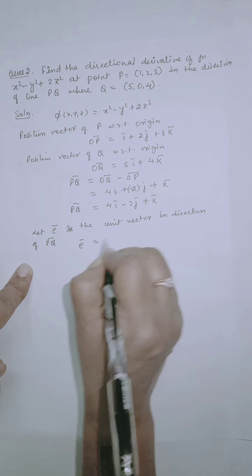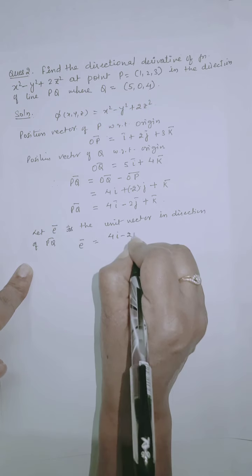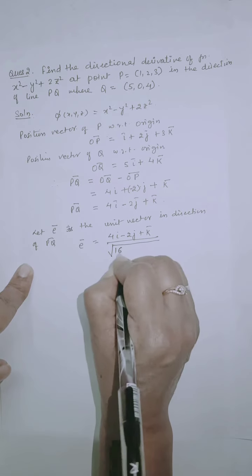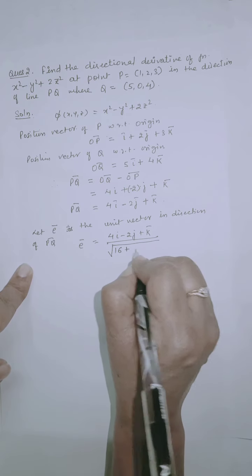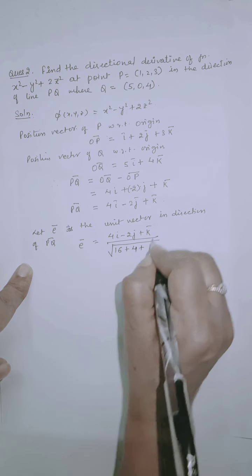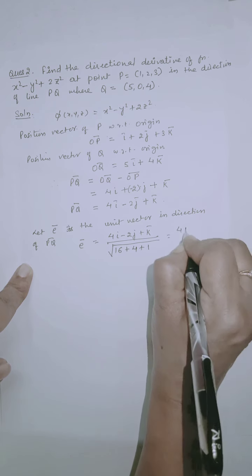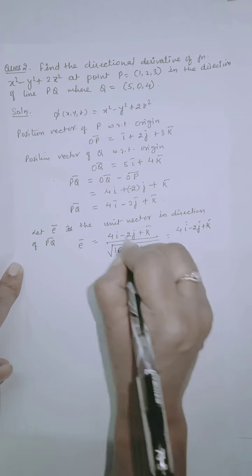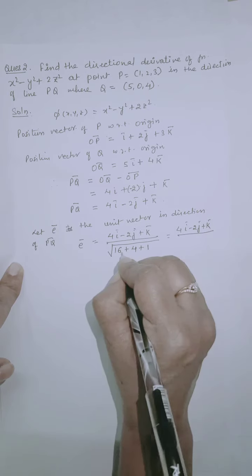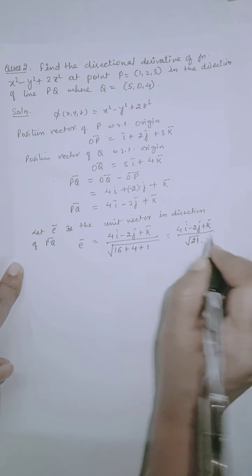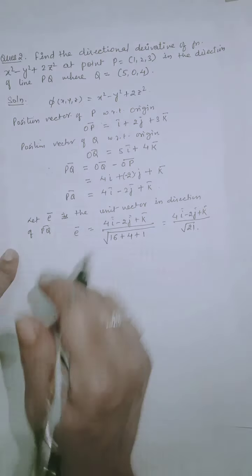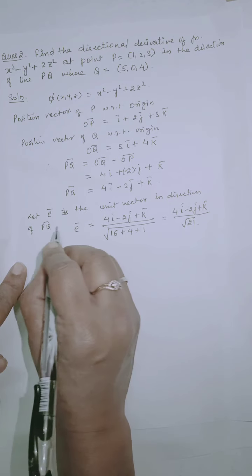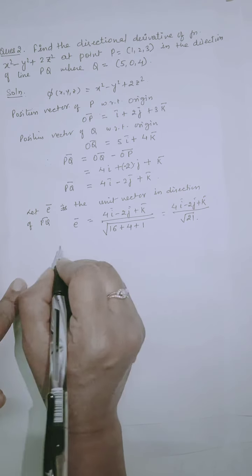So your E bar will be nothing but 4i minus 2j plus k by the square root of 4 squared plus (minus 2) squared plus 1, that is, 4i minus 2j plus k by root 21. This is your unit vector. Now let's find our grad phi at point P. Then grad phi dot E cap is your directional derivative.